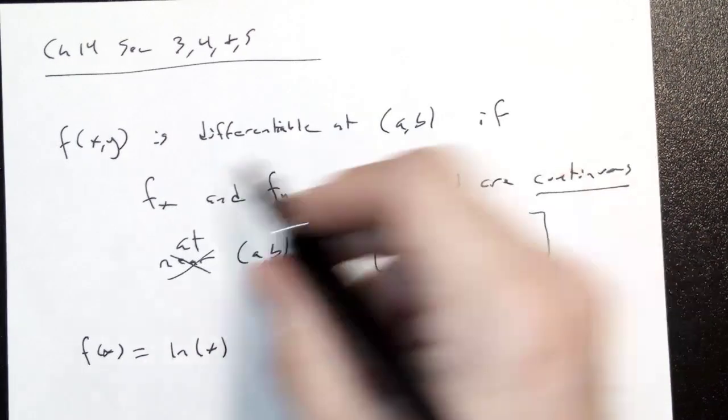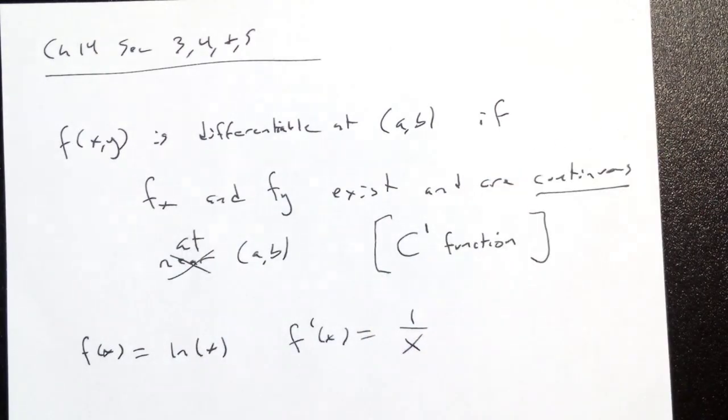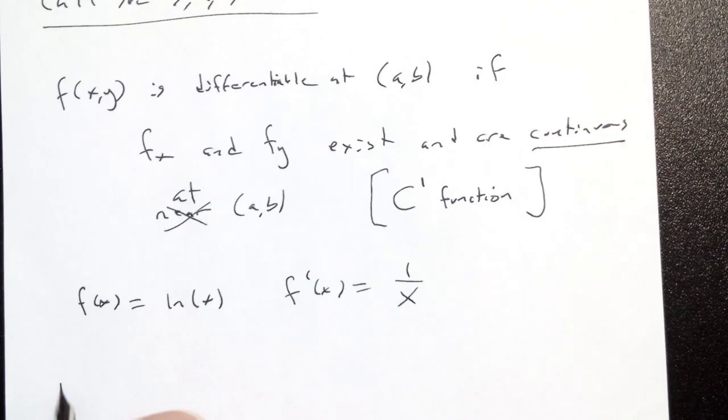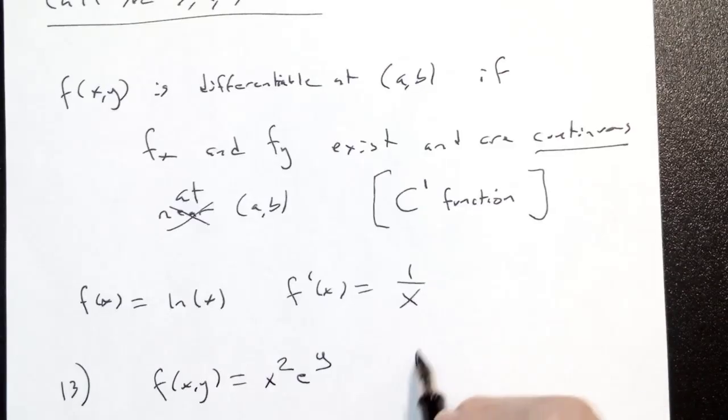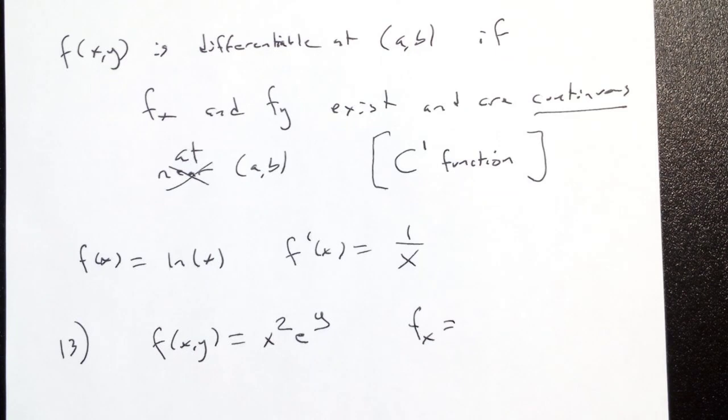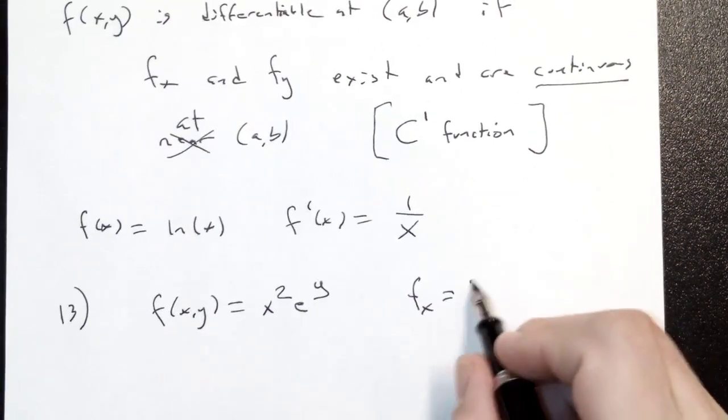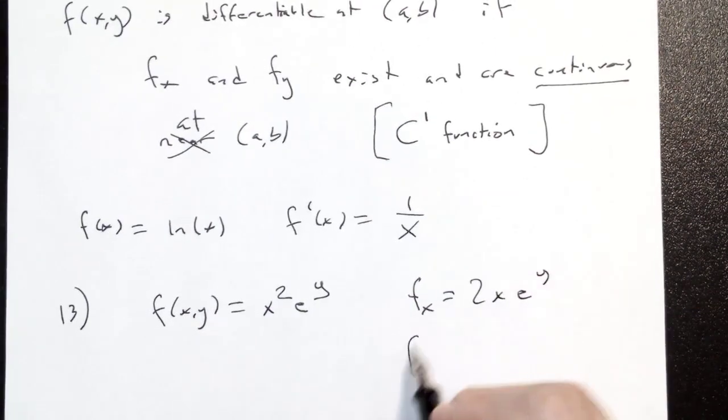So I have to look at what goes on in my partial derivatives. The function in question, if I look at 13 for comparison, is x squared e to the y. What's the partial with respect to x? 2x e to the y, and the other is x squared e to the y.